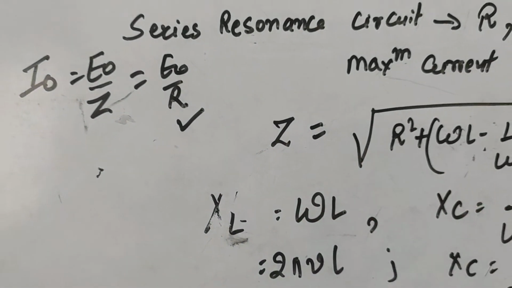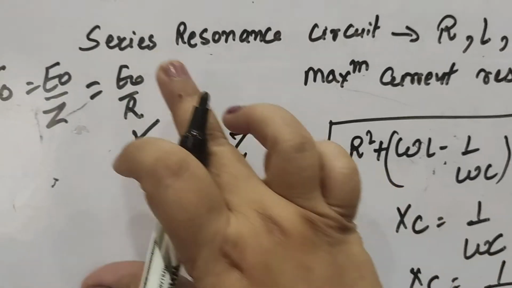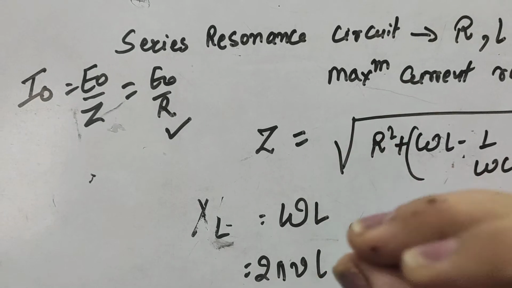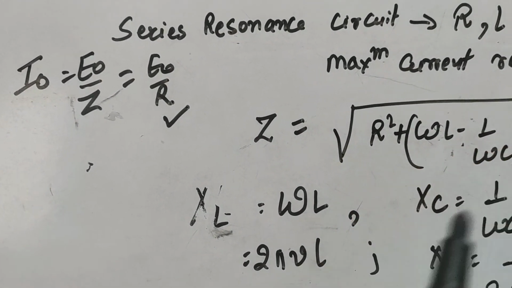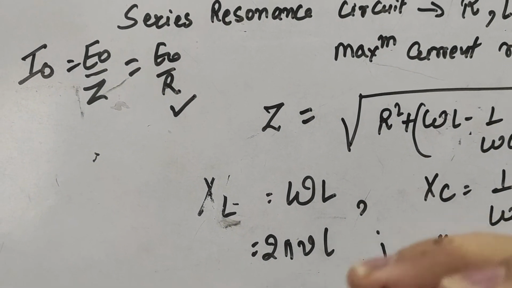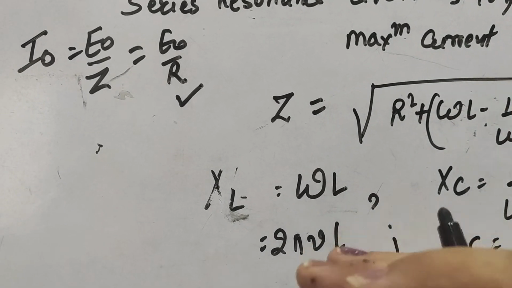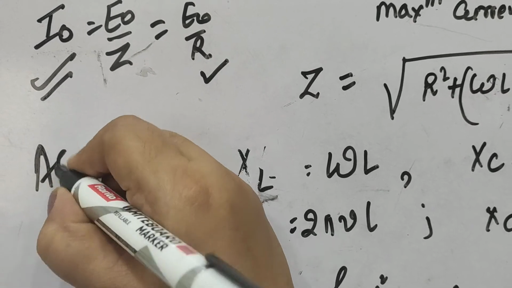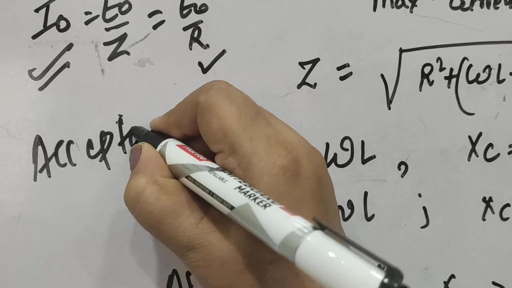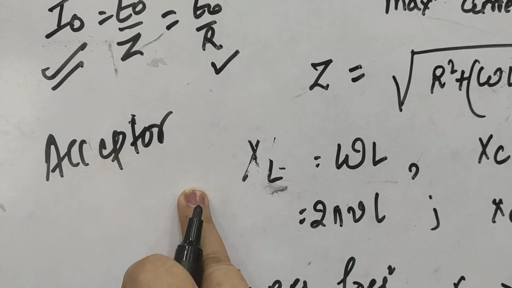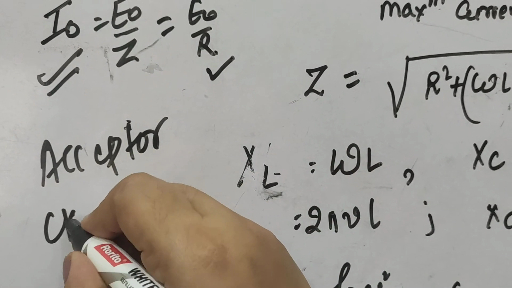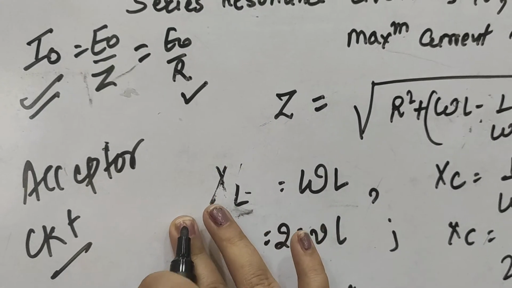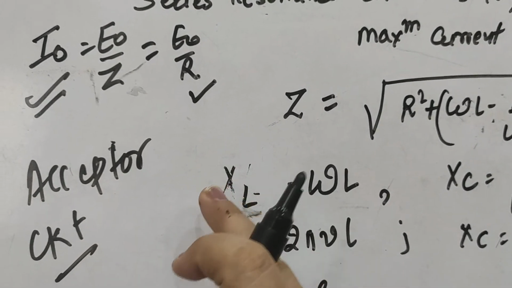So we can have a clear understanding that in case of the series resonance circuit, the circuit will admit the maximum current at resonance. Since it admits the maximum value of current, the series resonance circuit is also known as an acceptor circuit. We can say that this circuit is a purely non-inductive resistive circuit.